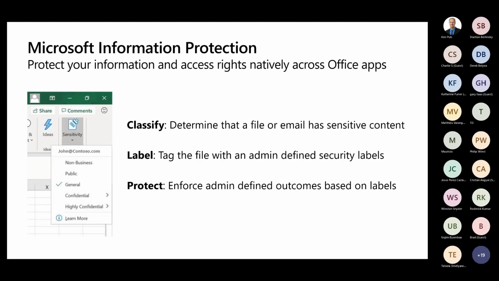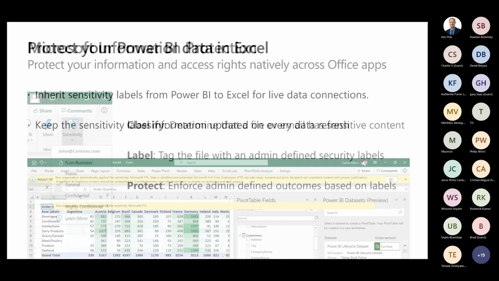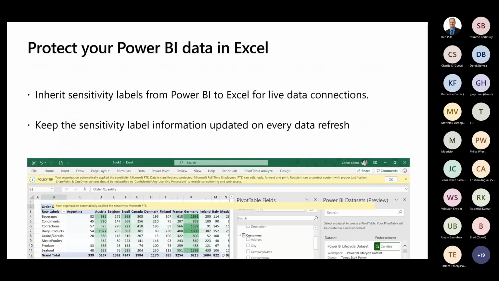Once you use a data type in a workbook, that sensitivity setting is also stamped into the workbook. So if you pull information that's confidential, then the workbook will also be confidential, and you will get these policy tips with the data. So it's not a way to leak or disclose data you don't want disclosed. And that is also preserved when the data is updated and so on.